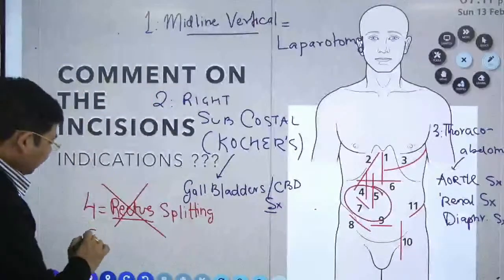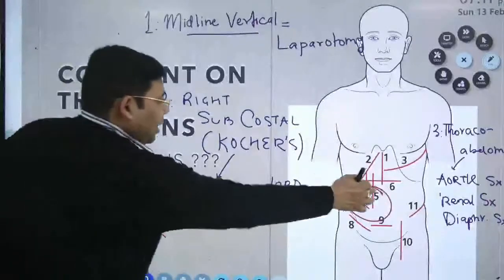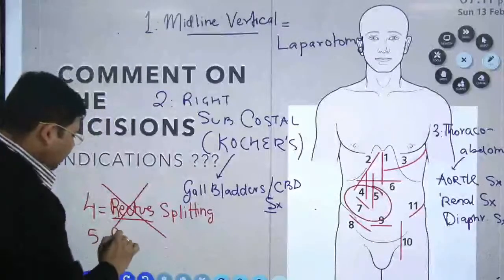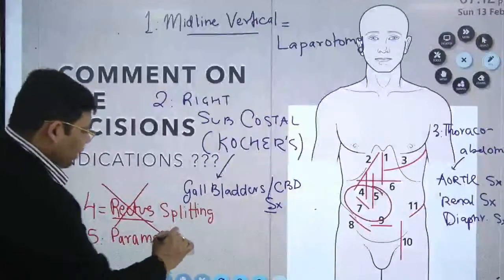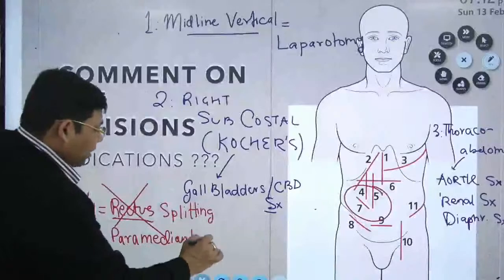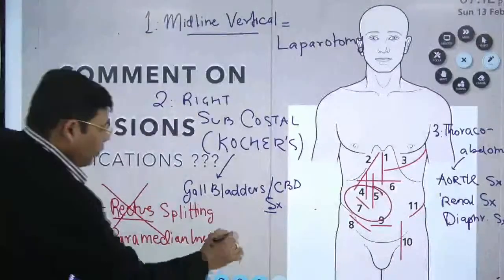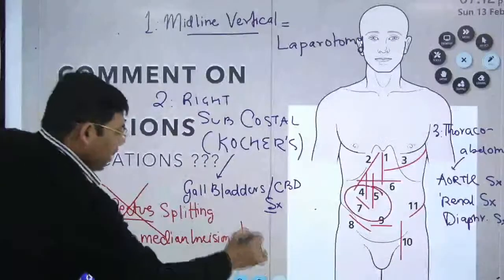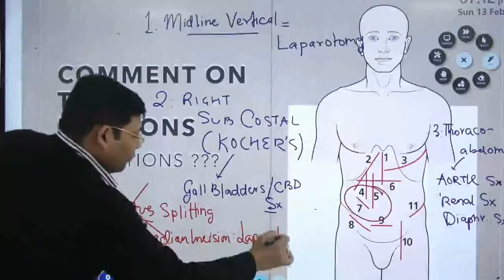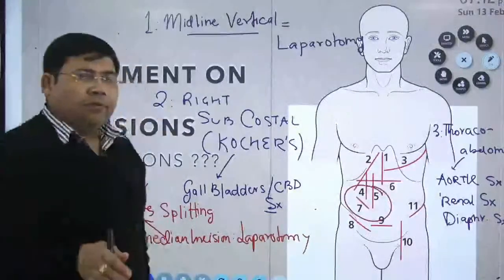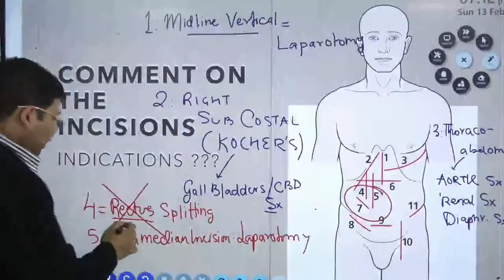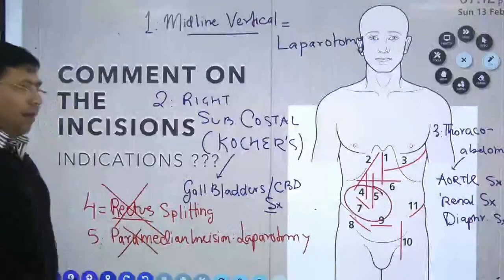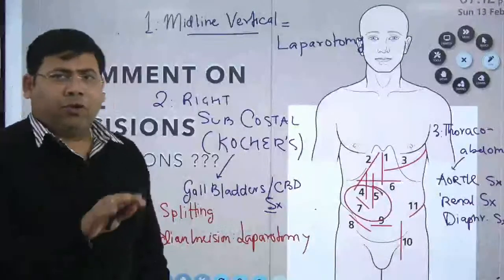Then the fifth incision that you see is a paramedian incision. The paramedian incision was used for laparotomy, and today this incision is also not used. So remember, the rectus splitting and the paramedian are no more used now.